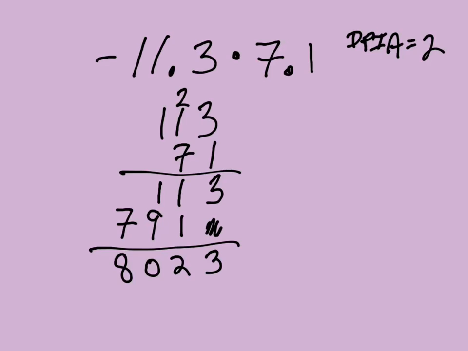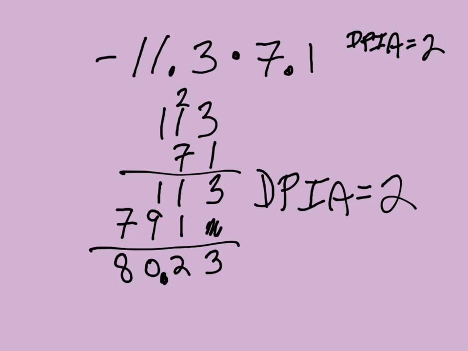And we look, our answer should be about 77, because 11 times 7 is 77. And so we can guess where our decimal point is going to go. But let's take a look. DPIA should equal 2. So we put our decimal point there, and that matches our about 77, 80.23.